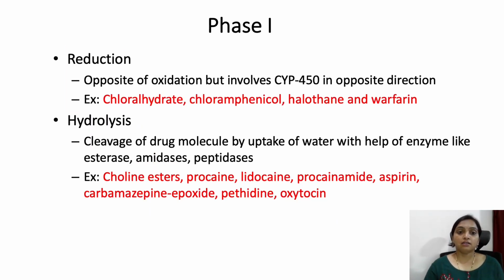Next, phase 1 reaction is reduction process, which is opposite to oxygenation. That is, there will be removal of oxygen atom, and this process occurs in case of chloral hydrate, chloramphenicol, halothane and warfarin group of drugs.